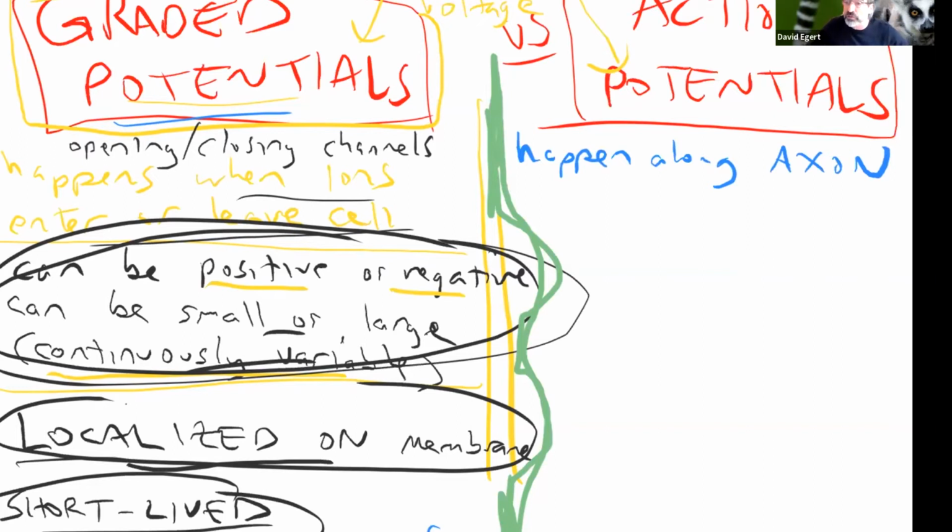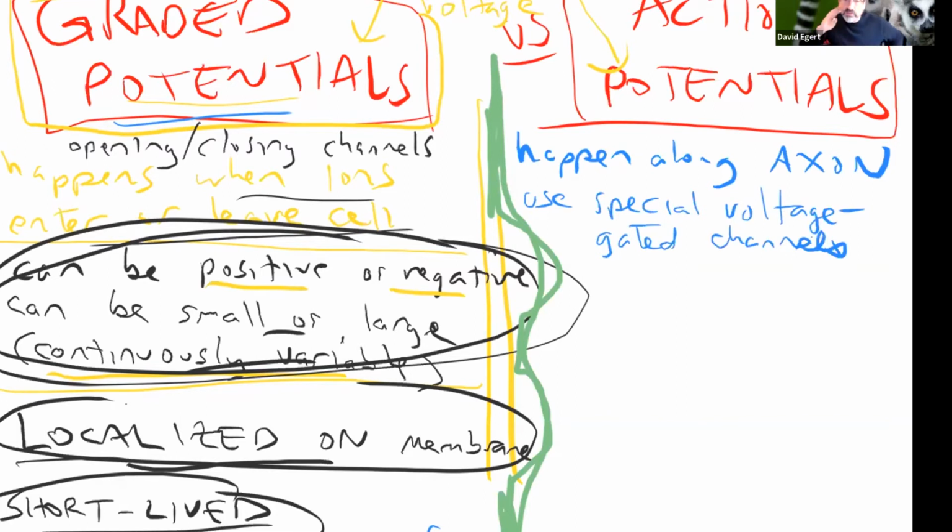These are going to use special voltage gated channels. We're going to look at this in much more detail in a few moments. There's going to be a voltage gated sodium channel and a voltage gated potassium channel that work together to create the action potential.